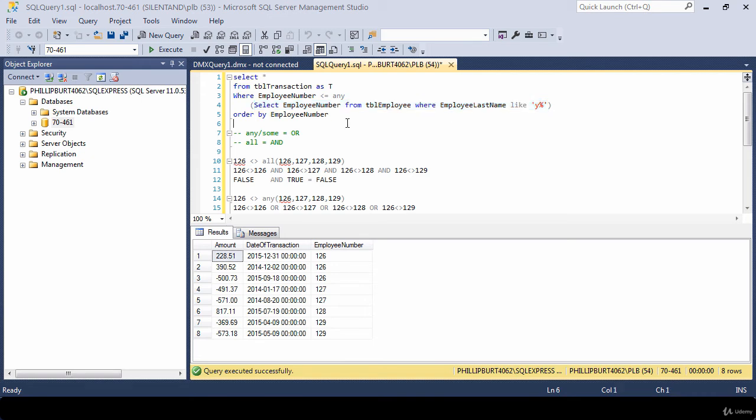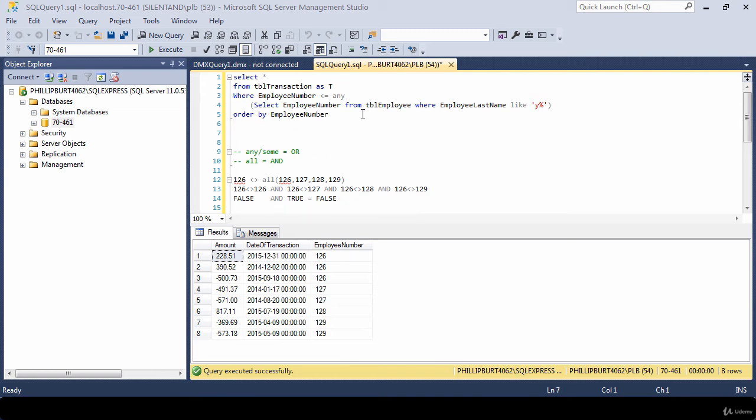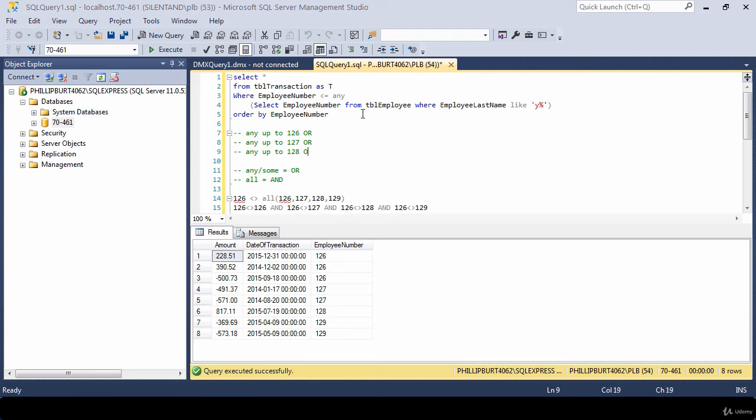Because it's going to allow any numbers which are, and I'm going to take 0 as the base though, because we're talking integers, it could be minus 2 billion, but so anything up to 126, or anything up to 127, or anything up to 128, or anything up to 129. So we could start at minus 2 billion. You could say 0 if you want to, but it does go from minus 2 billion.